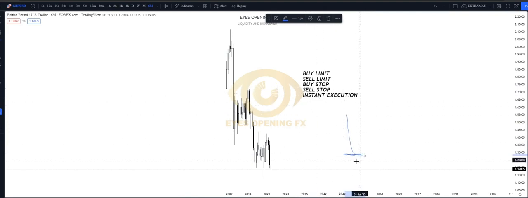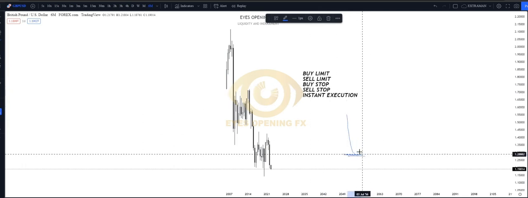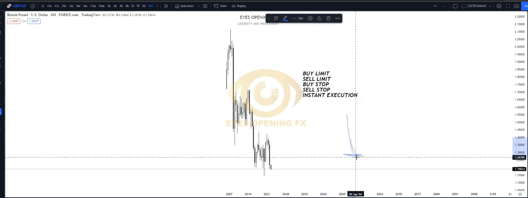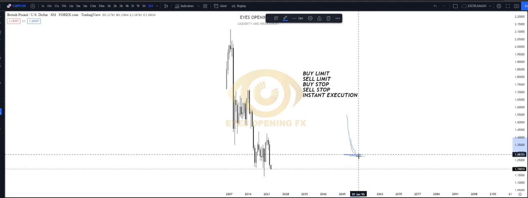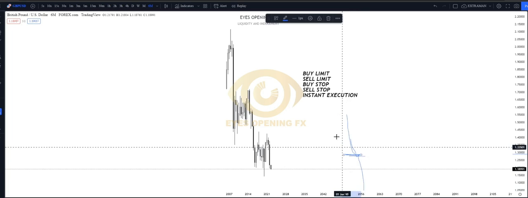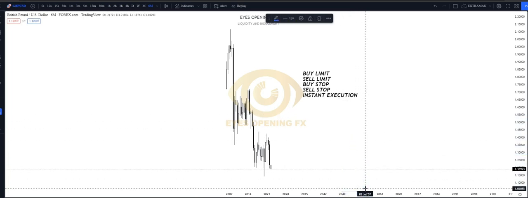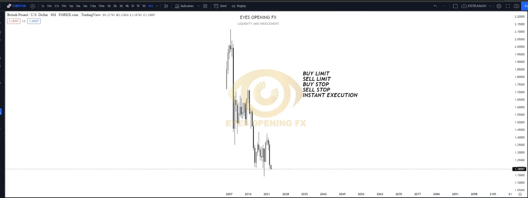Once the market gets to this level, it will activate your order and continue going in your favor to the downside, which is the bearish market, according to what we explained. So we said bear means sell, bull means buy, and long means buy also.